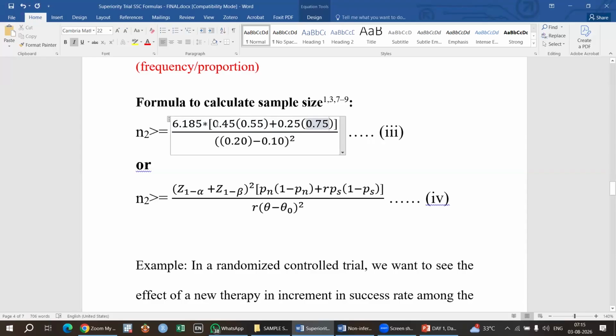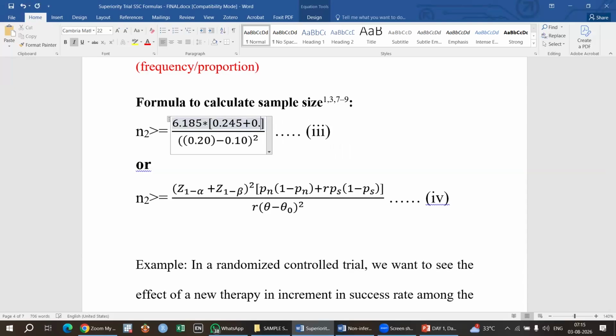Please give me 0.45 multiplied by 0.55. Hurry up, we don't have time. 0.2475, not 0.7. And please multiply 0.25 by 0.75. Please give me the result. 0.1875. Okay.